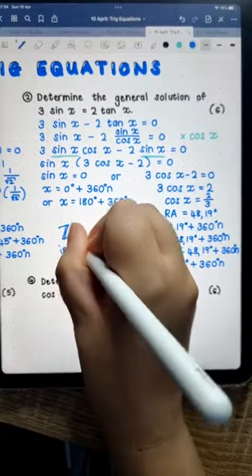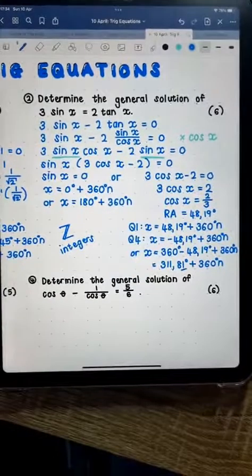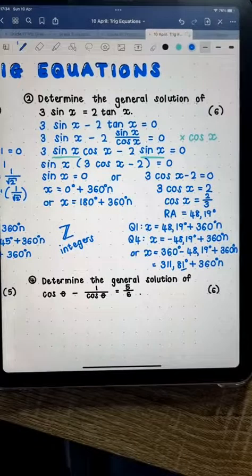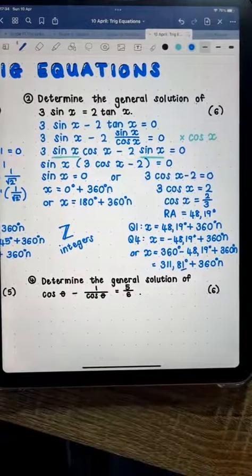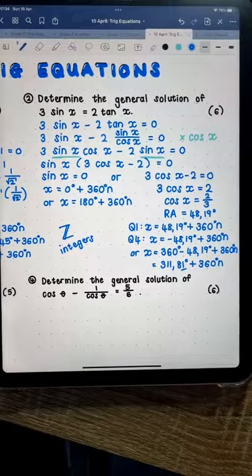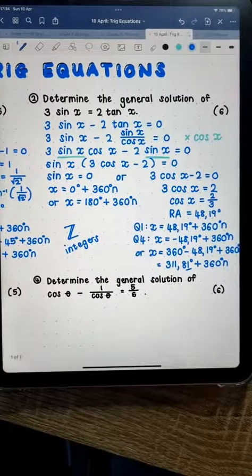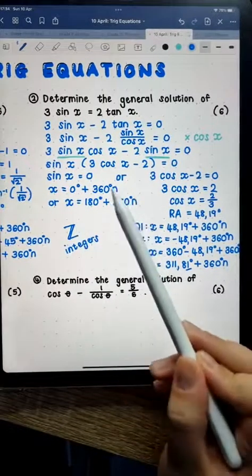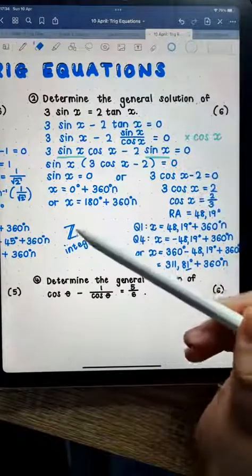Integers are basically positive or negative whole numbers. So when we say n is an element of z, we're saying that n is either a positive or a negative whole number. All right, that's what that means.